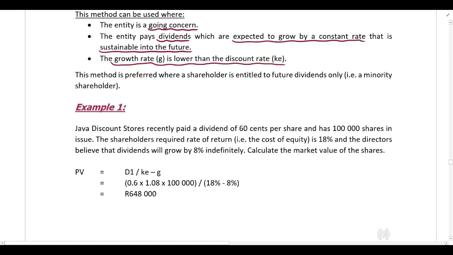Now, we saw when we looked at earnings multiples, that was preferable if we were valuing a majority shareholding. On the other hand, where we are using dividends instead of earnings, this is preferred where we have a shareholder that is only entitled to dividends. In other words, a minority shareholder. However, we can use this valuation method in order to value a majority shareholding, but then we need to add a control premium.